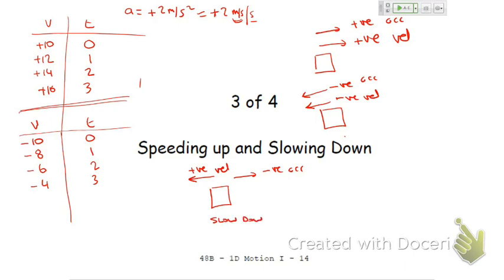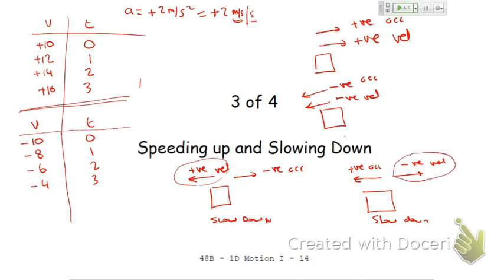I'm still going in a positive direction because the velocity gives me my direction, but I'm slowing down. And if I have a positive acceleration and a negative velocity, I slow down. I'm going in a negative direction in this case, because it is the velocity that always gives you the direction.